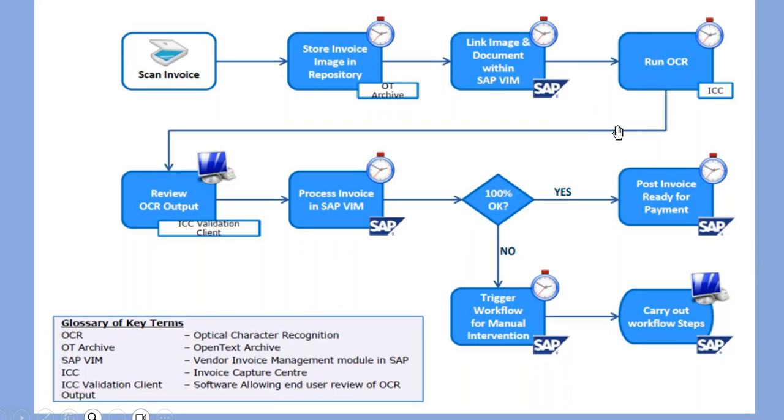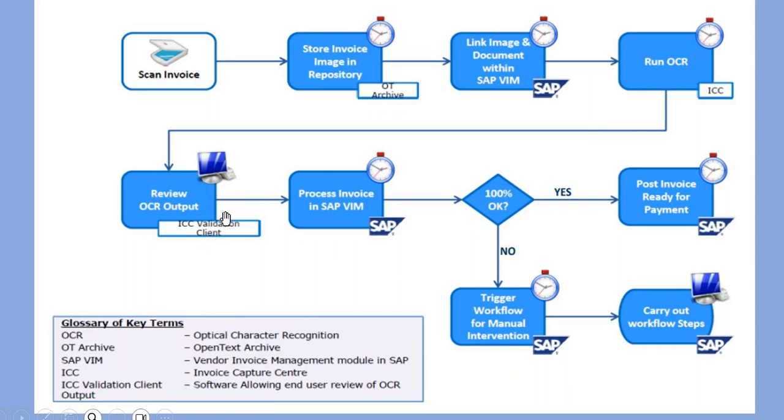This is because the validation is done by manual intervention, and they have put some information into the validation tool, like amounts, vendor information and company code information. Once submitted in this tool, it will come into the VIM workplace for processing.